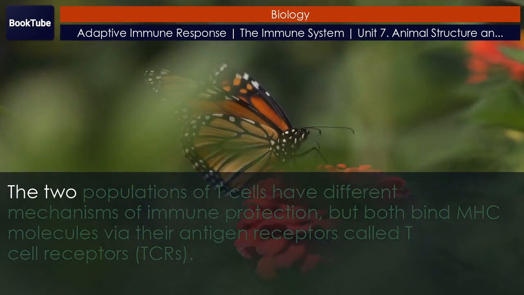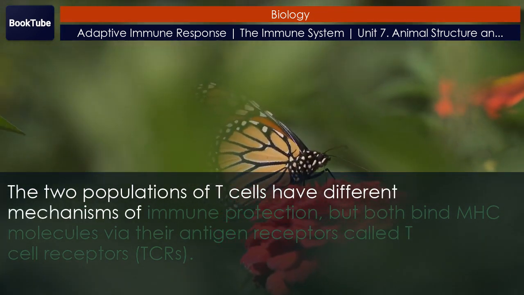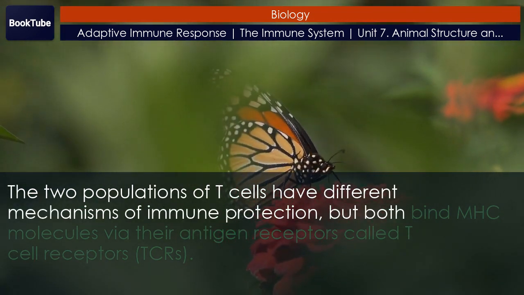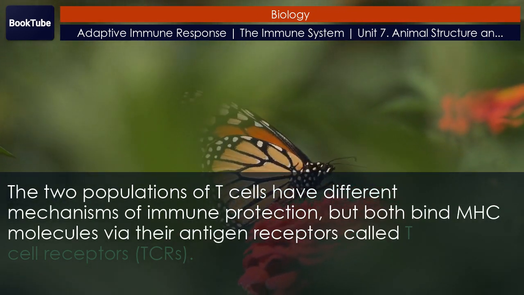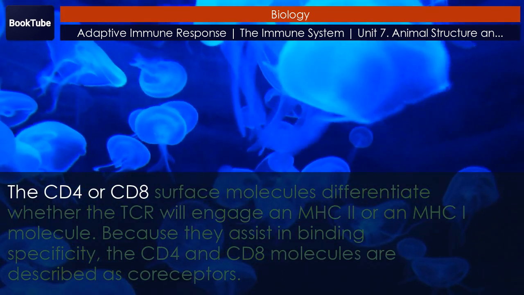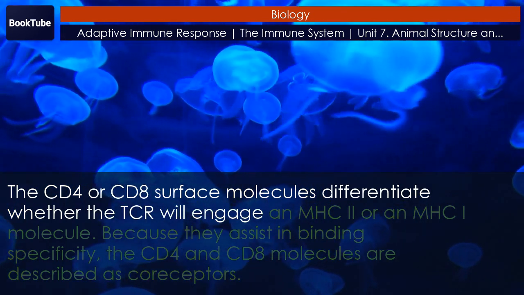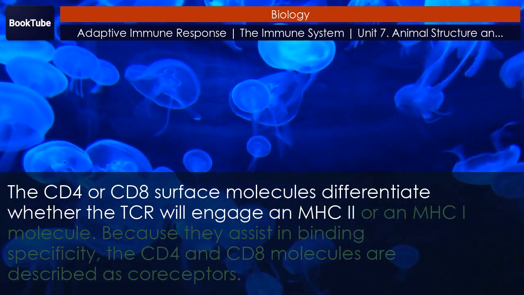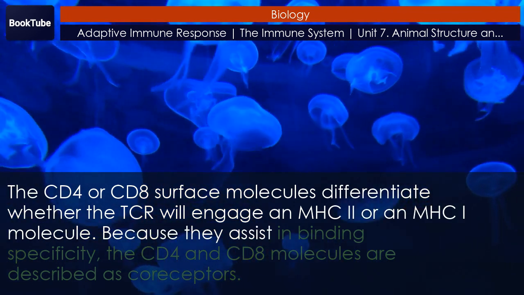The two populations of T cells have different mechanisms of immune protection, but both bind MHC molecules via their antigen receptors called T cell receptors, TCRs. The CD4 or CD8 surface molecules differentiate whether the TCR will engage an MHC2 or an MHCI molecule, because they assist in binding specificity.